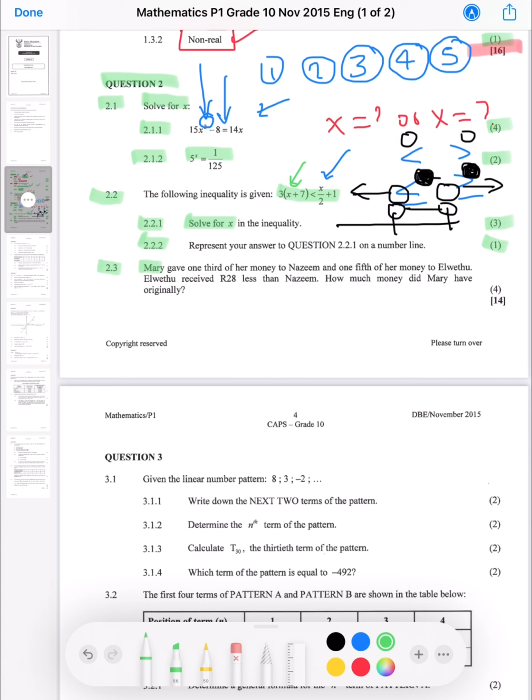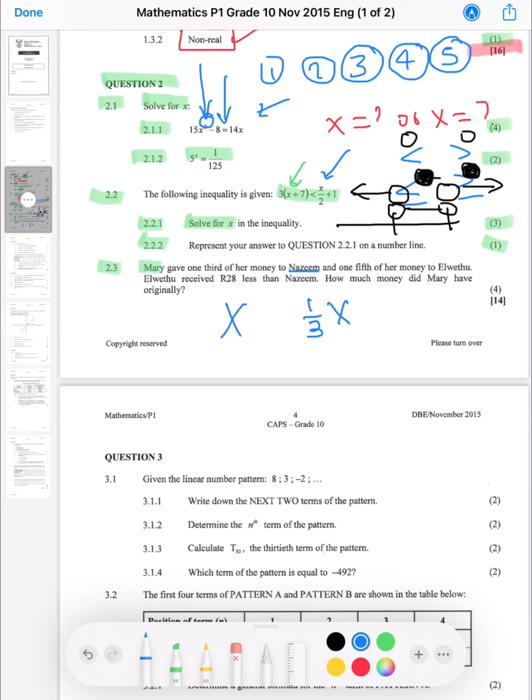Okay, so let's see. It's more like Mary had a certain amount of money and gave 1/3 of her money to Nazim.